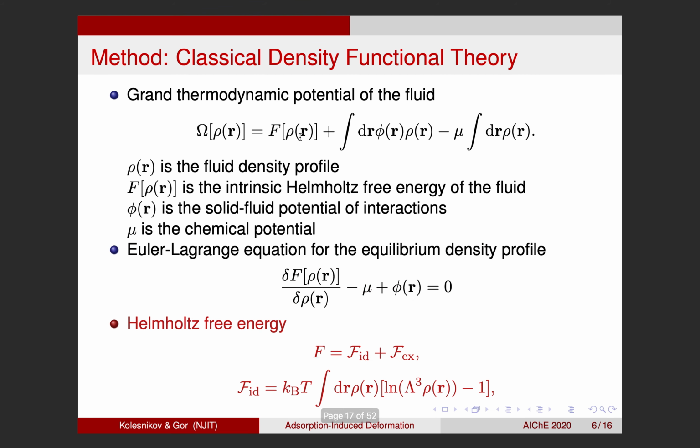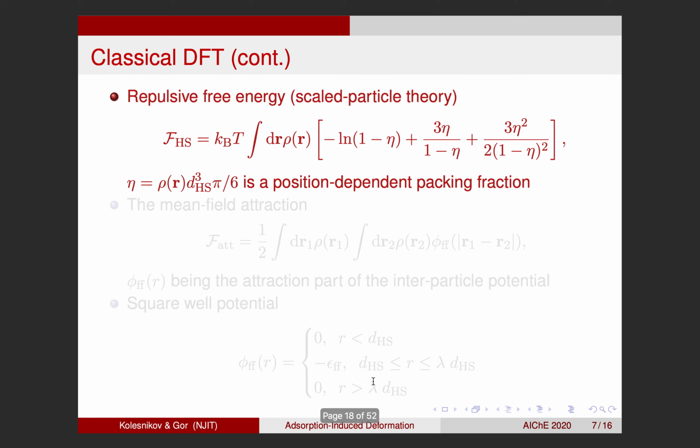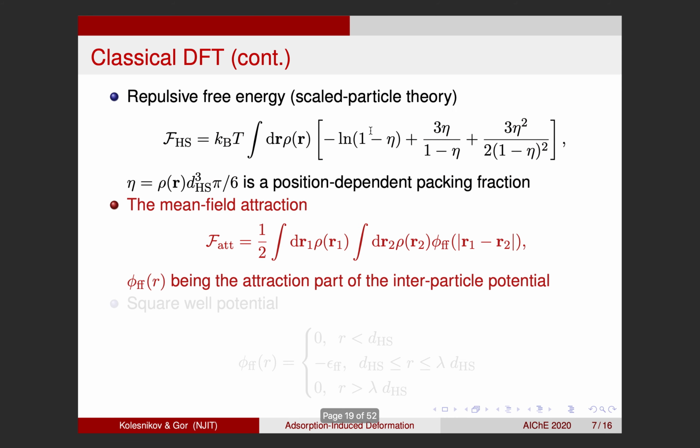F, the Helmholtz free energy, is given by two terms, the ideal and the excess term, and the excess term is the main challenging part of the theory, obviously. So we consider it as the hard sphere term plus the mean field attraction term.